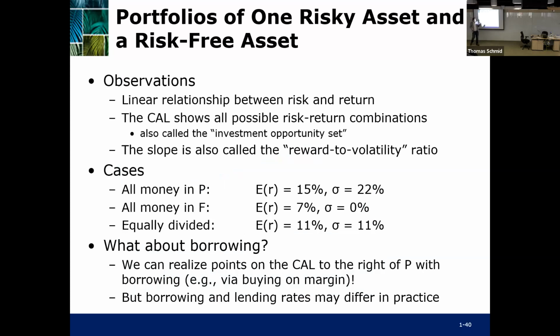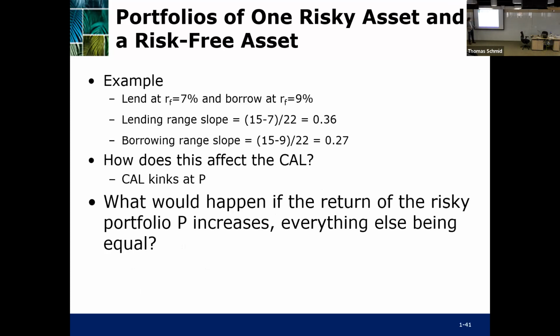The term itself isn't so important. You should remember what the slope stands for. The slope is risk premium scaled by risk. Okay? Yeah, some examples. What about borrowing? Yes, we talked about that. What happens if lending rates and borrowing rates differ in practice? Well, we also talked about that.